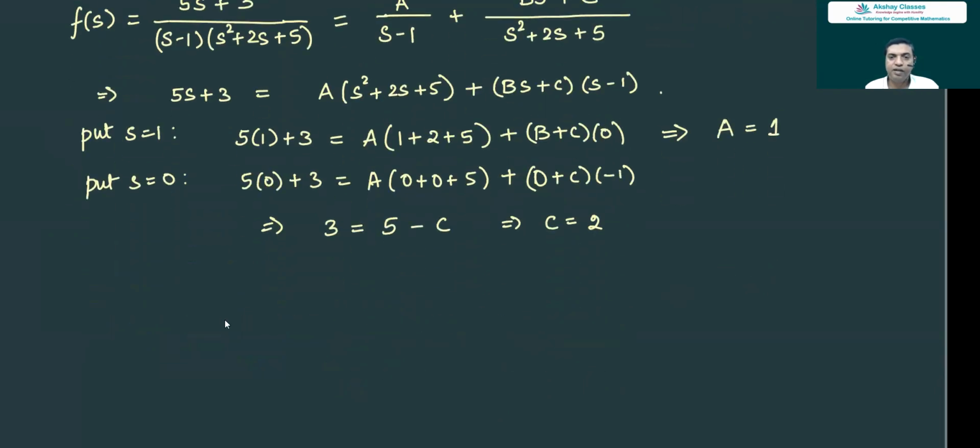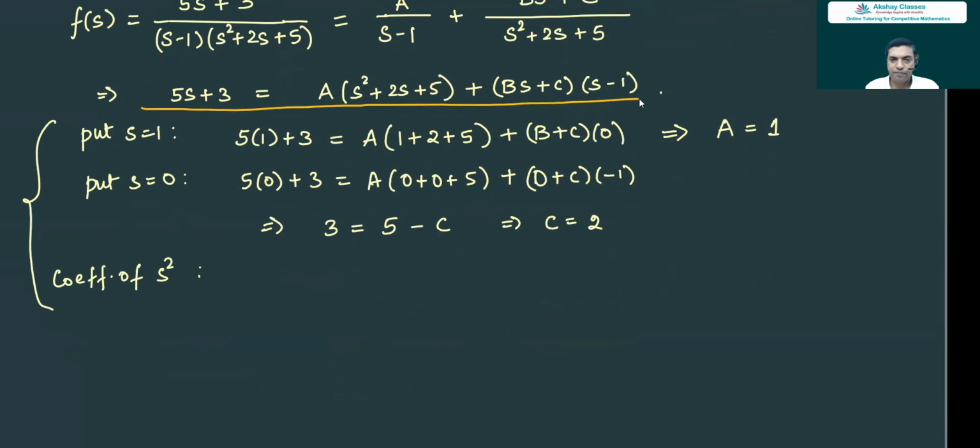And then let us find b. To find b, we can just equate the coefficients of s square on the left hand side and the right hand side. All right, we are comparing these two. The coefficient of s square on the left hand side is 0. On the right hand side, you have a s square, and also you will have b s square. You won't have any other coefficient of s square.